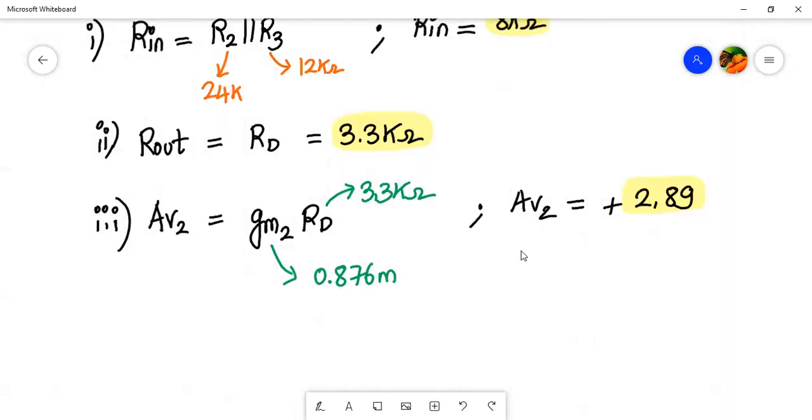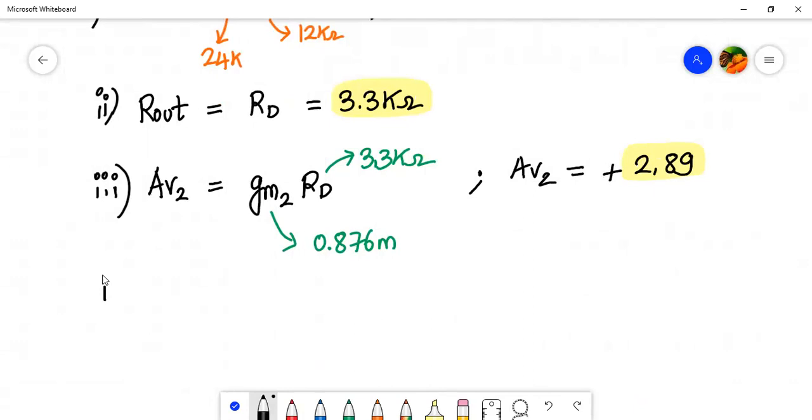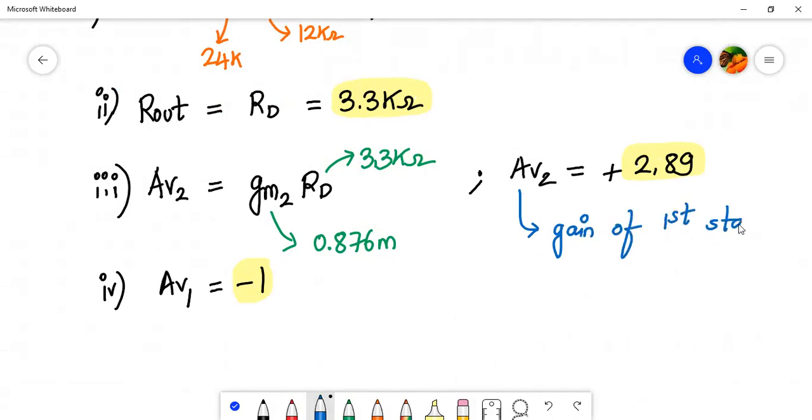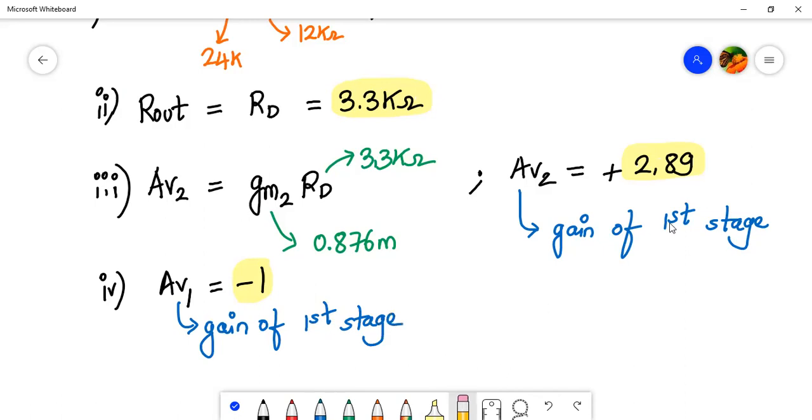Next, once we found the value of Av2, we'll turn our attention to Av1, and Av1 is directly equal to -1. That's what we saw last time also. Remember, Av2 is the gain of the second stage, and Av1 is the gain of the first stage.